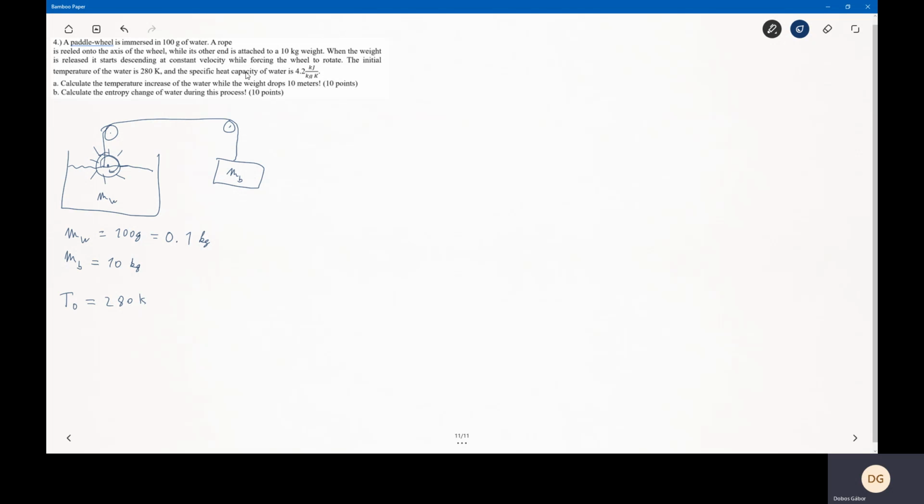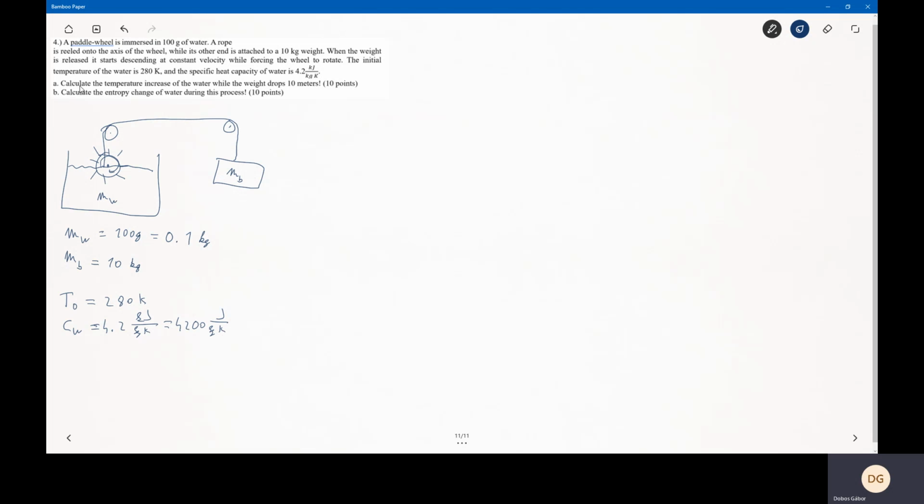It tells us the specific heat capacity of water, which is 4.2 kilojoules per kilogram Kelvin. So C_W is 4.2 kilojoules over kilogram Kelvin, and let's change this over to joule over kilogram Kelvin, because that is the basic unit. So that is 4200 joule over kilogram Kelvin.